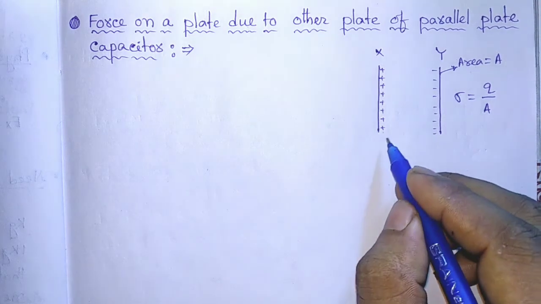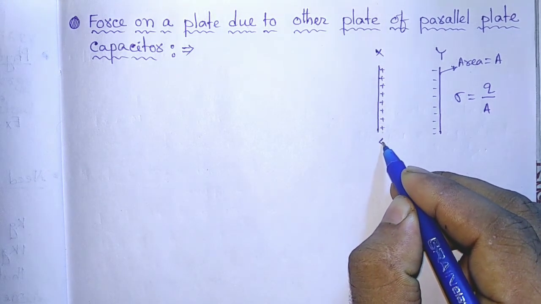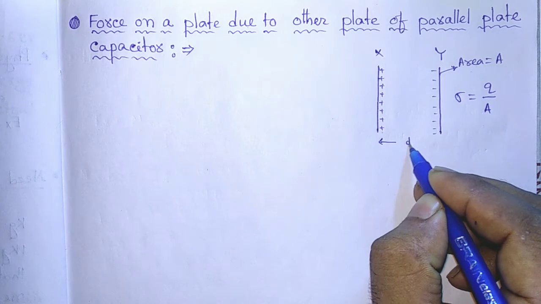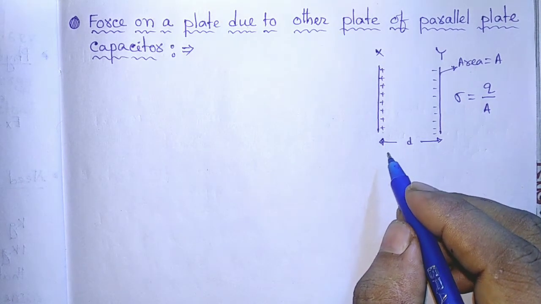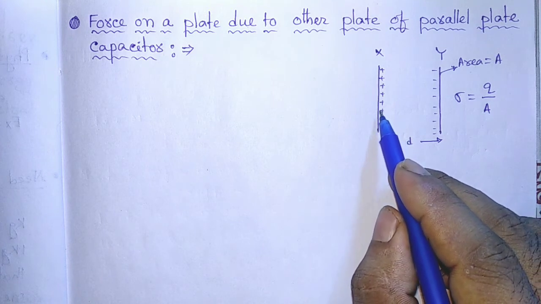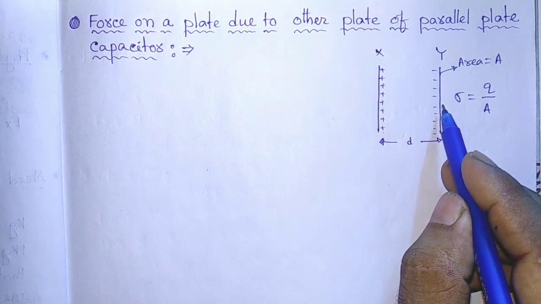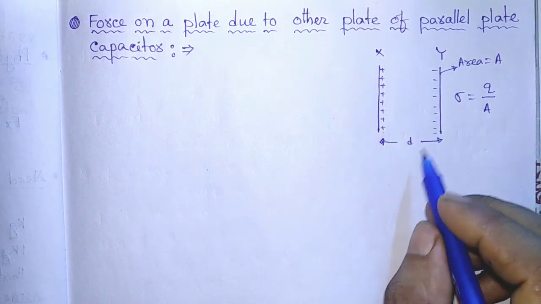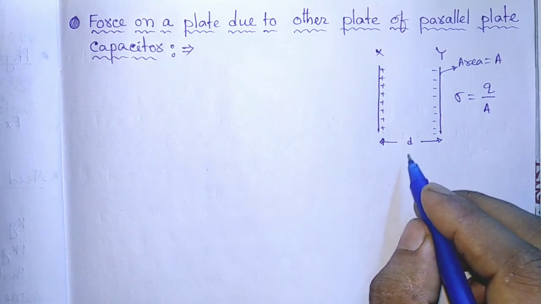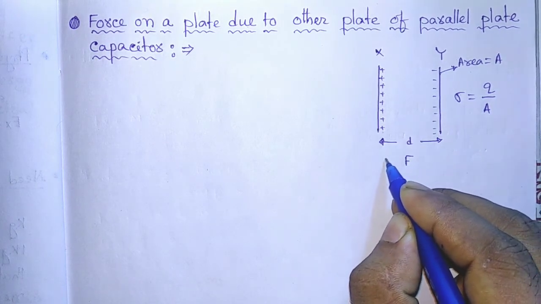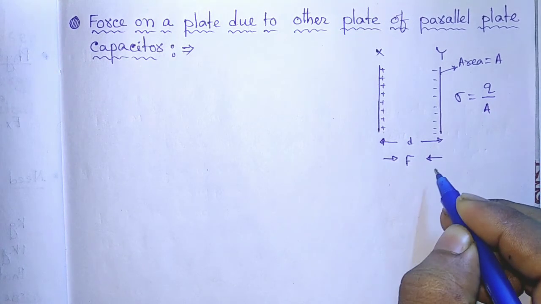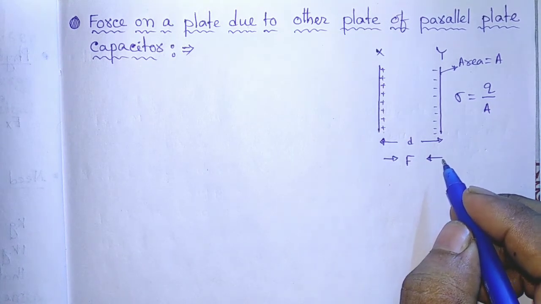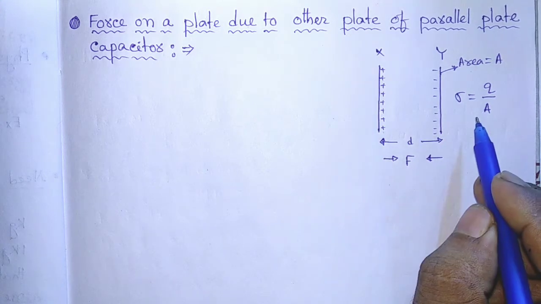Alright, the distance between the two plates is D. Now we are going to find out the force due to X on Y or due to Y on X, and the force is F. The force is attractive in nature because they are opposite charges.